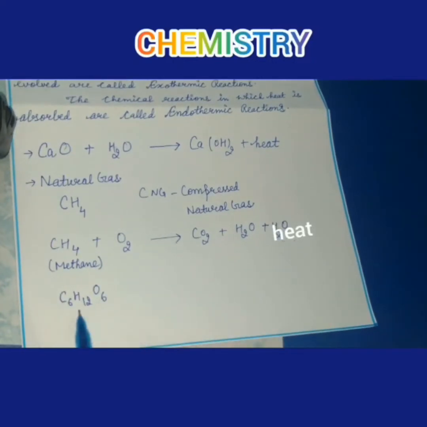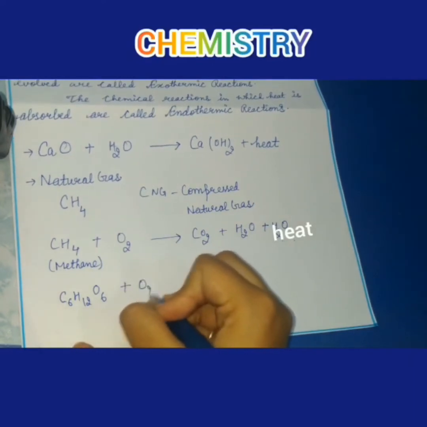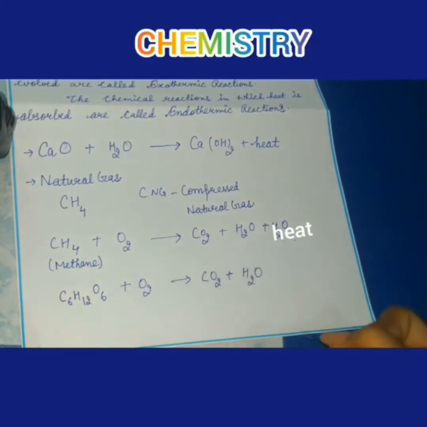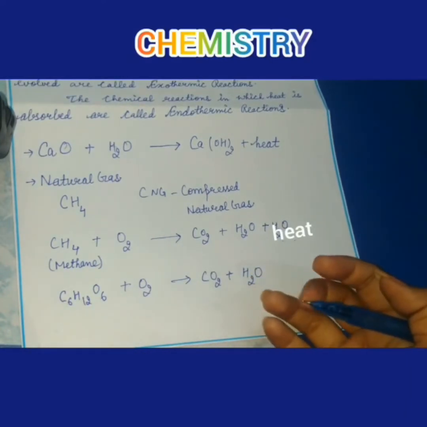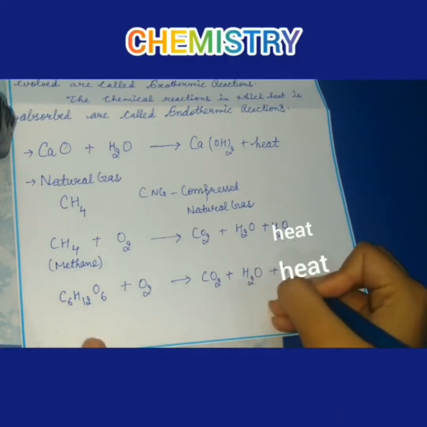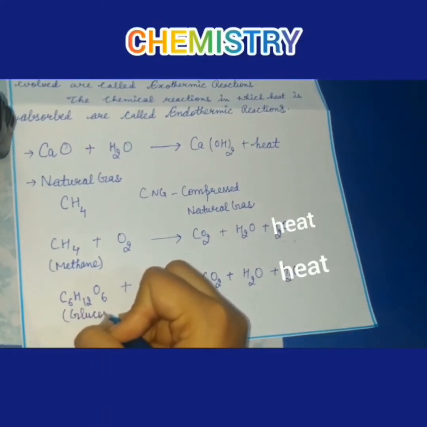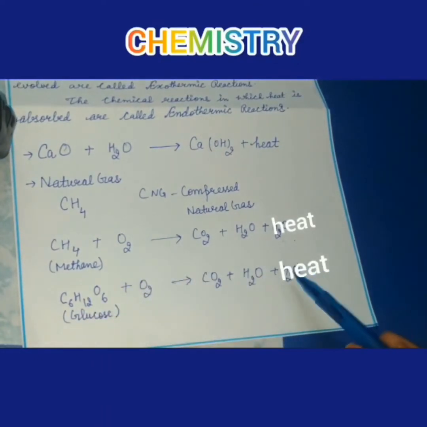Now this glucose with the oxygen we respire in our cells forms carbon dioxide and water, and along with this a lot of energy is given out in the form of heat. Due to this heat we say that respiration is an exothermic reaction, because in this reaction heat is evolved out.